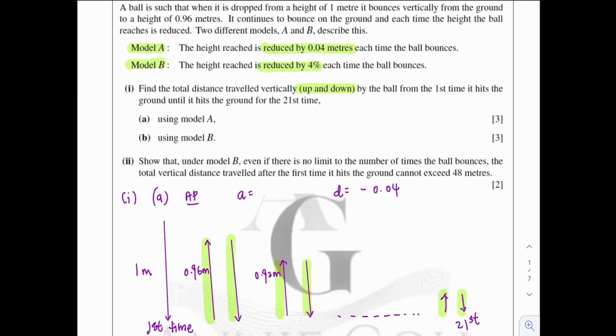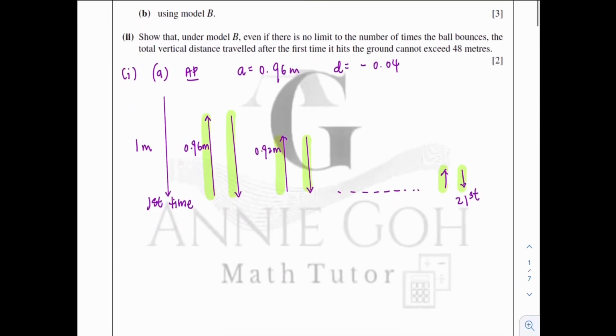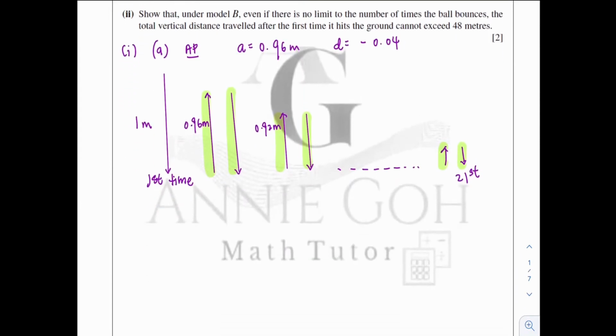So let's say for now I'll just calculate for the height going upwards, which means my A should be 0.96 meter. And then you got to find out the total distance traveled. So I got to sum up how many times? 20 or 21 times? It should be 20 times because we start to calculate from this onwards, from this until here. So it should be 20 times.